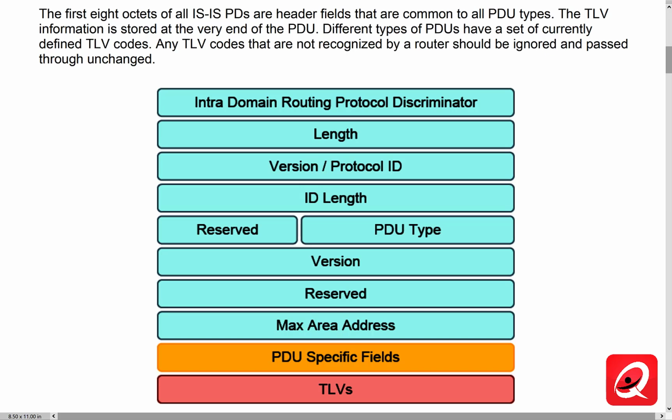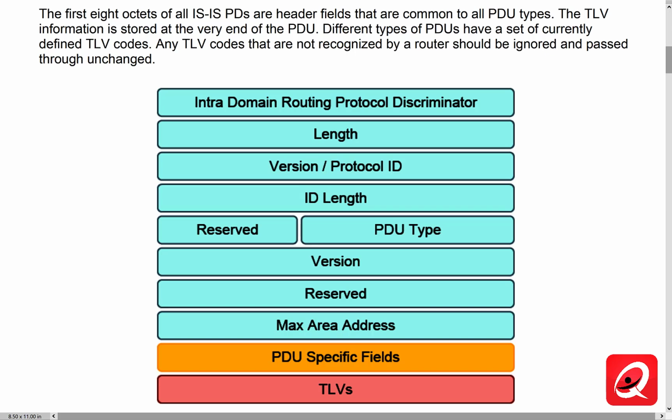And if somebody sends me information that is outdated, I have the ability to then inform that individual that their information might be outdated or missing, and that provides the ability to resynchronize the database and make sure everybody has the latest and greatest information. Very similar to a database descriptor packet in OSPF.